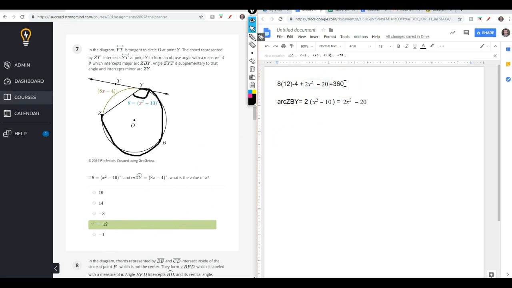So this would be 12 squared. And remember that was 2 times that.